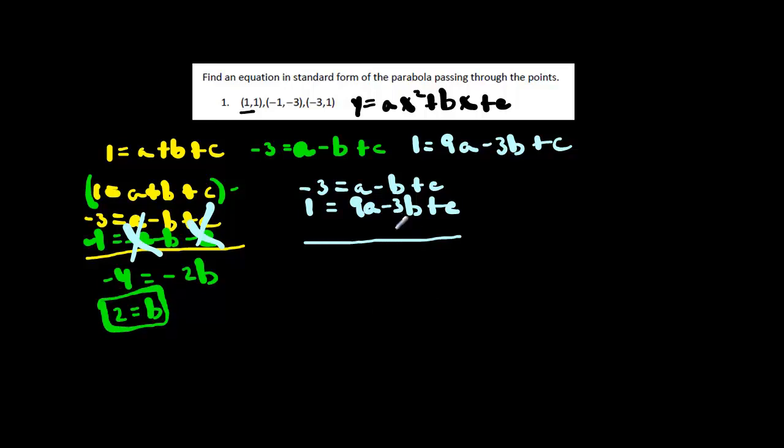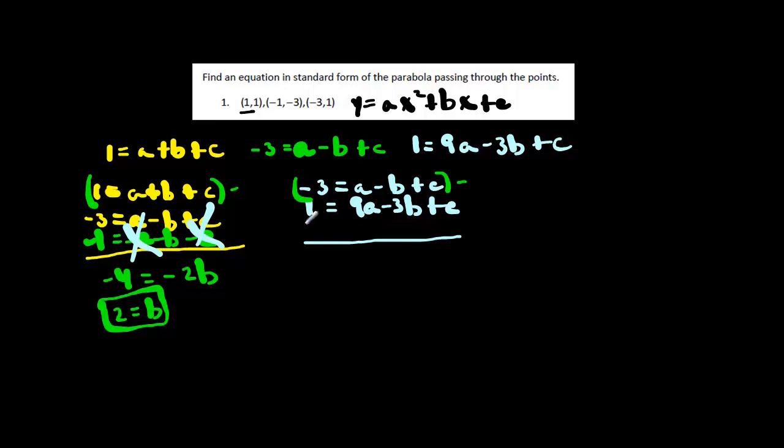So what we can do is substitute 2 here and here if we want, and then eliminate either a or c. Or we can just multiply the top by a negative up here to get rid of c, and then we'll be able to solve for a afterwards.